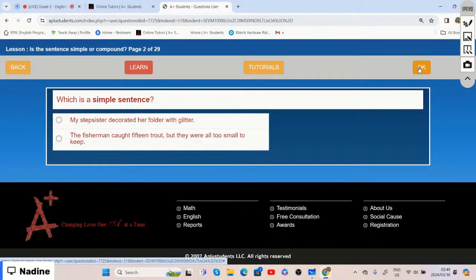Then we have a simple sentence. It says, my stepsister decorated her folder with glitter. Or the second option, which says, the fisherman caught 15 trout, but they were all too small to keep. We need to choose the simple sentence. It's made up of one subject and one predicate only.